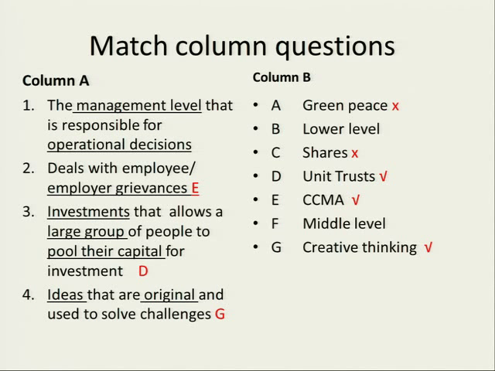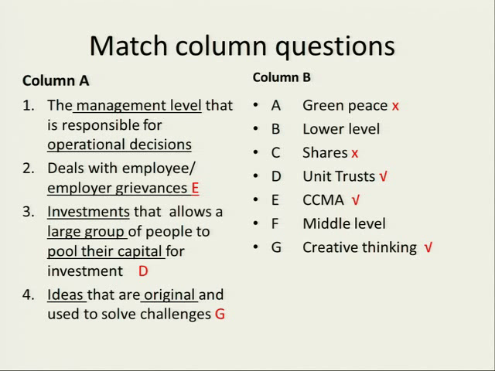Statement number 3, or question number 3, investments that allow a large group of people to pool their capital for investments. There are 2 possible answers here: number C, shares, or number D, unit trusts. Both of these are investments. But we know that shares are when money is invested in shares, and shares are sold or bought through a prospectus.